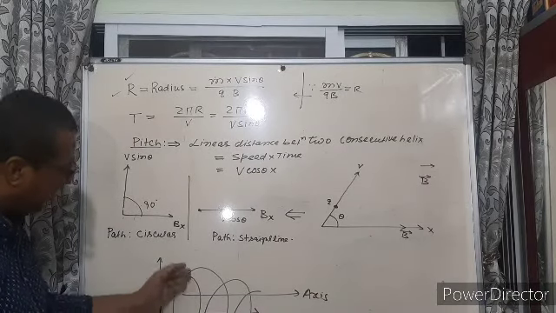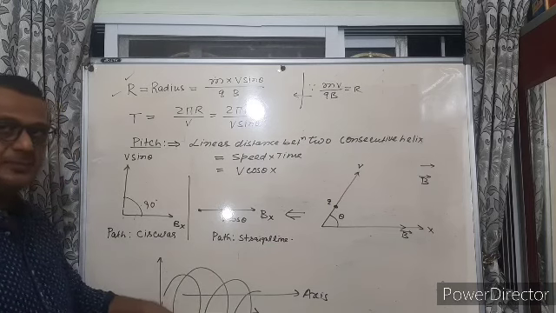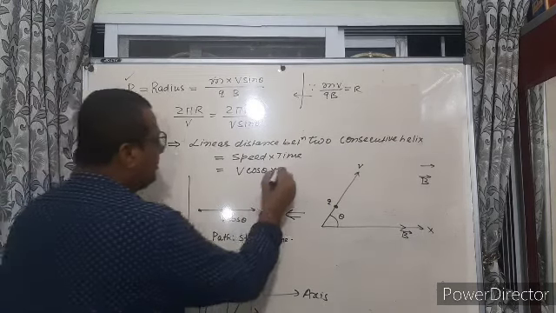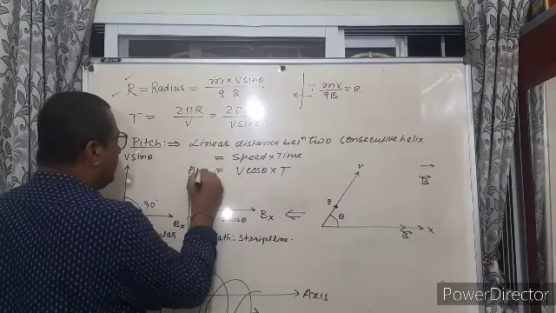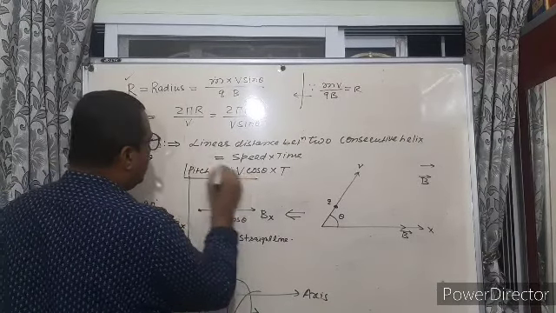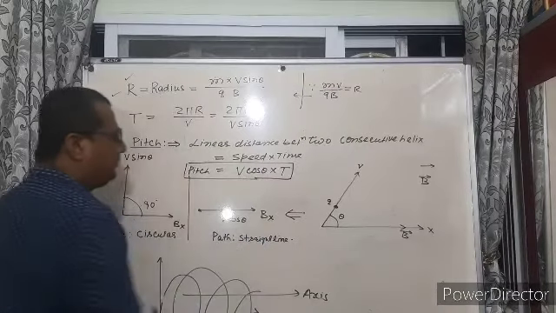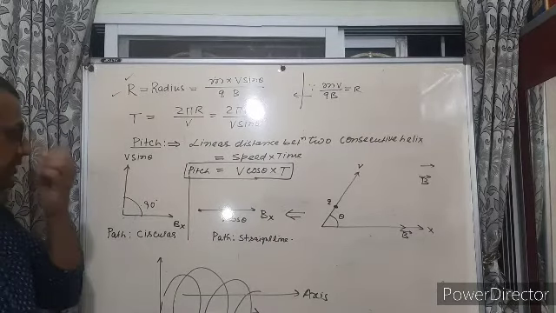After one rotation, again it starts a second rotation, so the time will be equal to T. So pitch will be equal to v cos theta into T. I think it is clear.